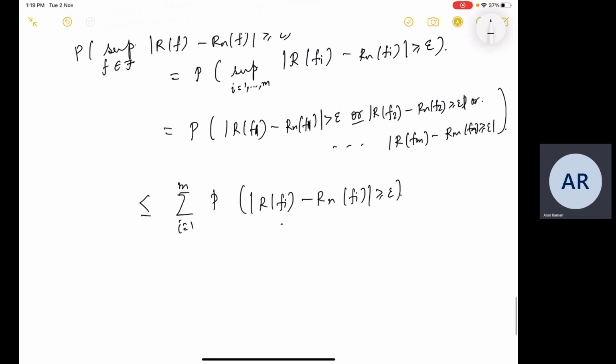Now, because we have the same function inside the argument, we can use the Chernoff-like bounds to get this equation.